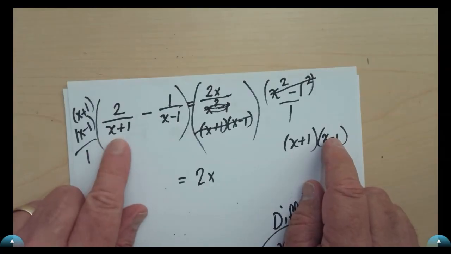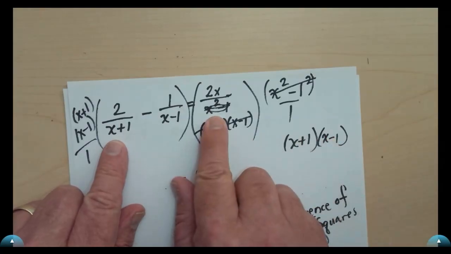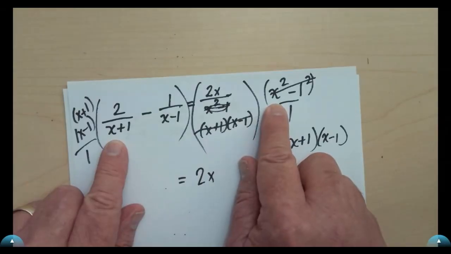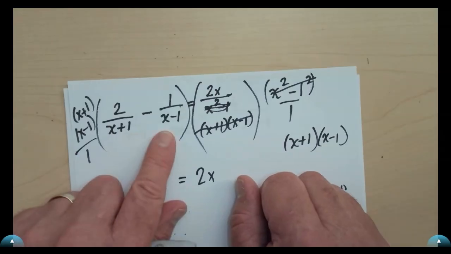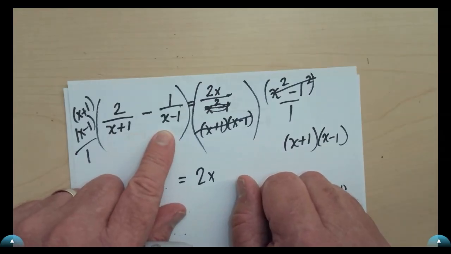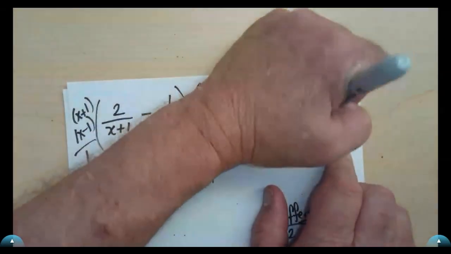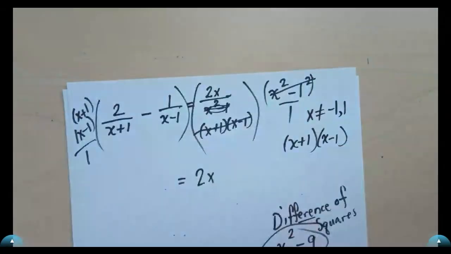So -1 would cause this denominator to be 0. By the way, -1 would cause that one to be 0 too, because notice -1 squared is 1, and 1 minus 1 is 0. And then +1, of course, would make this one 0. So we got to make sure we remember x can't be equal to -1 or +1.